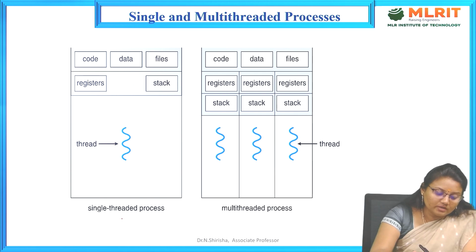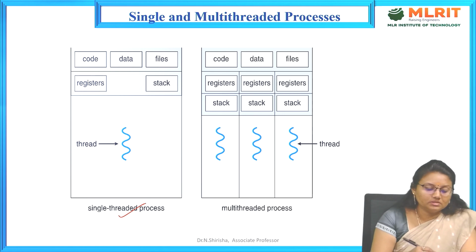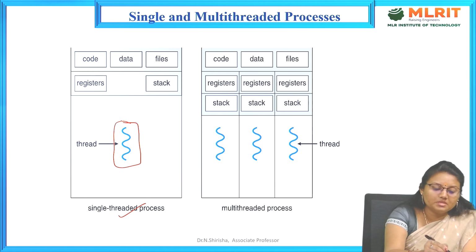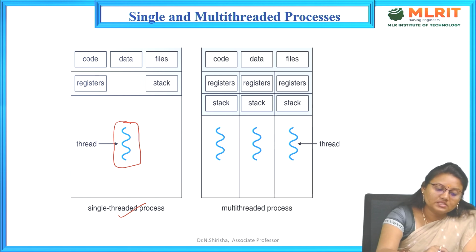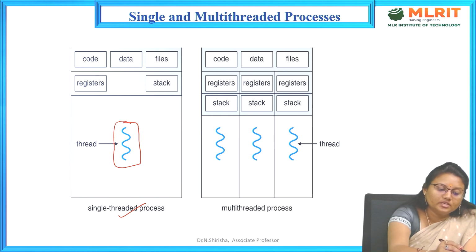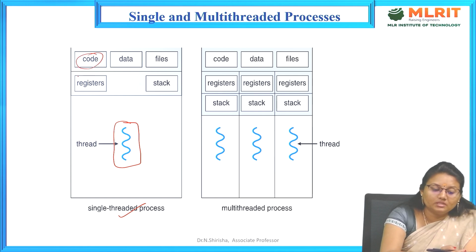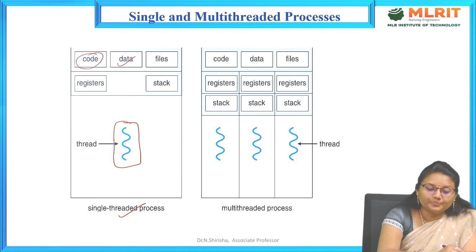When you talk about a single-threaded process, there is only a single thread, maybe the execution of a small code. The entire program is what we call the code. If that code has any global variables whose values can be accessed globally, we call that the data.